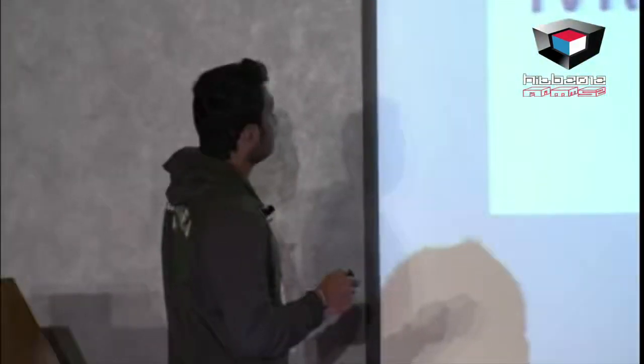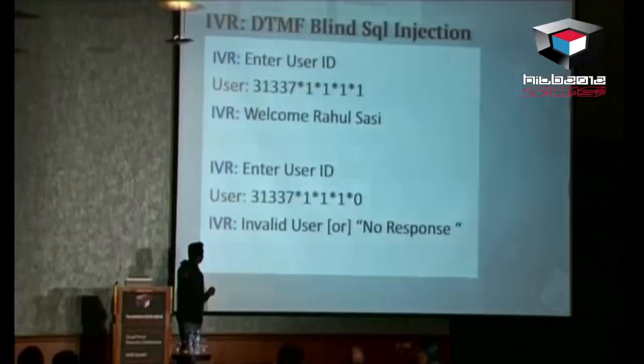Now we'll try to do the actual SQL injection. If we try the user ID *1, the user ID *1 becomes this value itself, right? When you're asked to enter the user ID on the phone, you just have to enter these values. It becomes true because this value multiplied with 1 gives you the same value. So it greets me with Rahul Sasi.